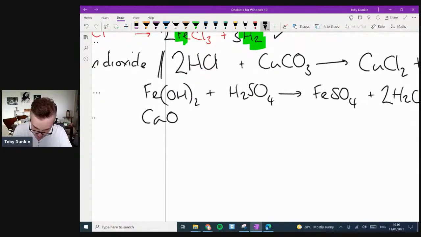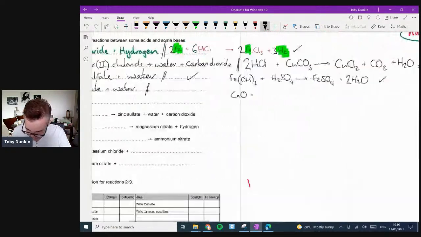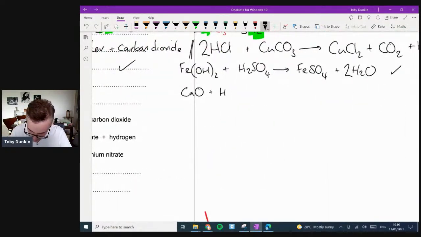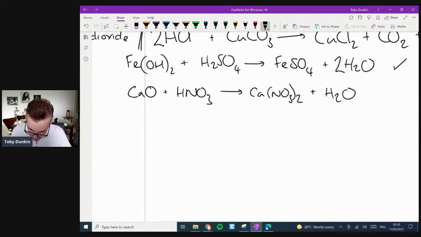This is tricky, this one. CaO plus, was it nitric acid? Yeah, plus nitric acid, HNO3, goes to calcium nitrate, which requires a bracket, really tough. This is all level 9 stuff. And this is an oxide, so I'm going to get H2O. Balance the equation. Going to need 2 nitric acids. Tick it if you've got it.